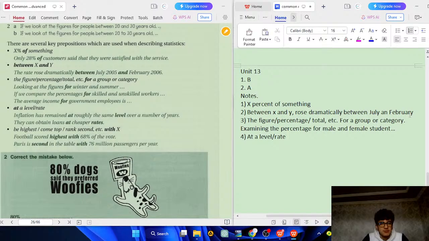Inflation has remained at roughly the same level over a number of years. They can obtain loans at cheaper rates.